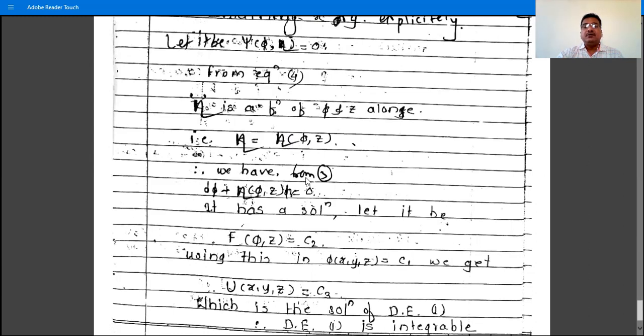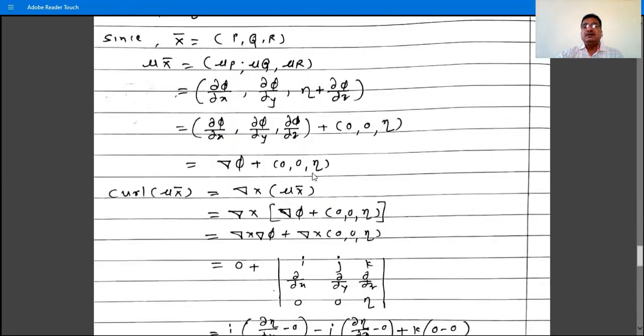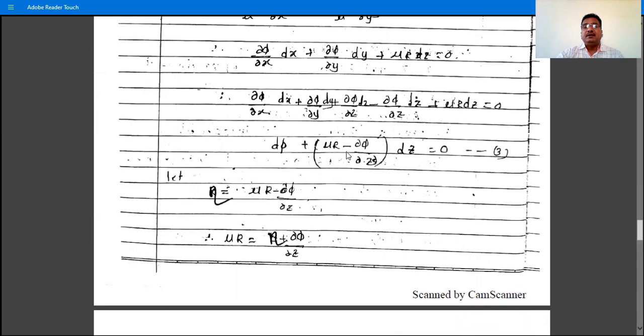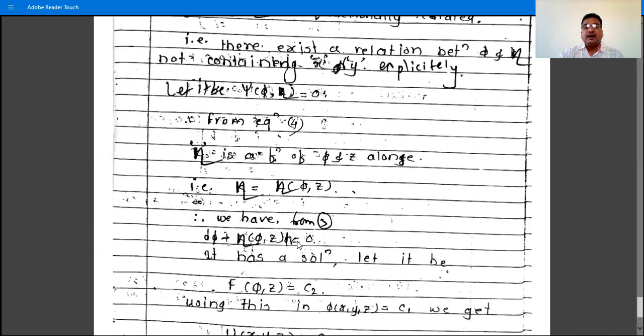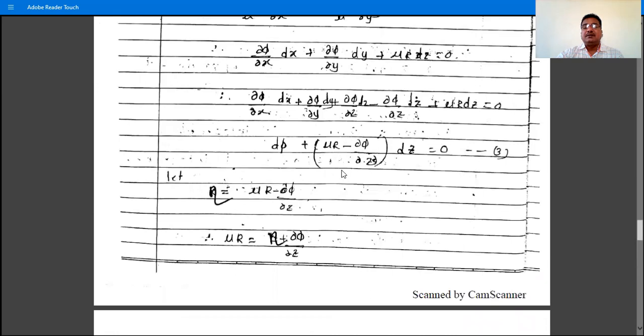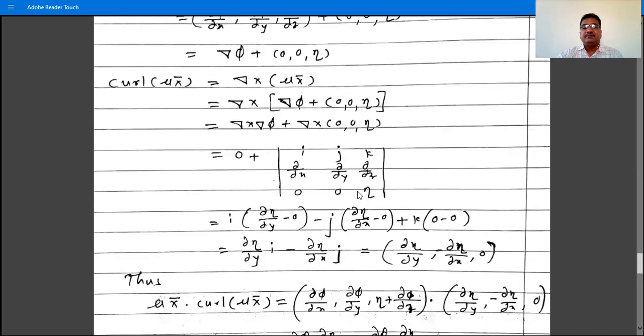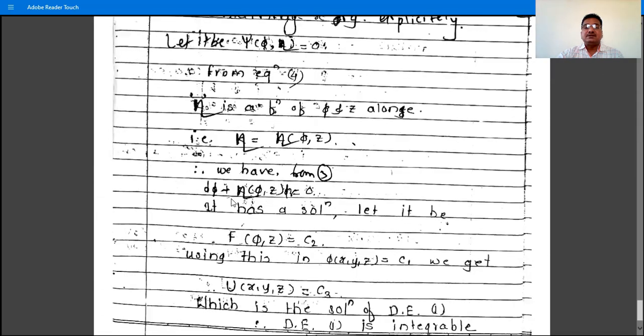And so therefore from equation number 3, we have dφ plus ν(φ, z) dz is equal to 0.